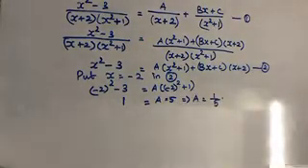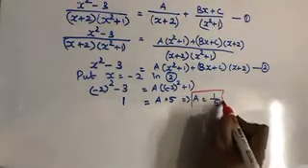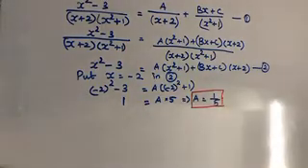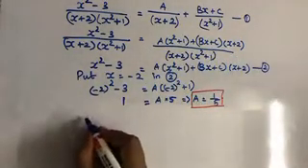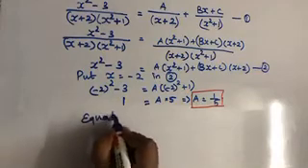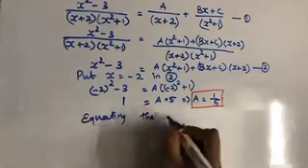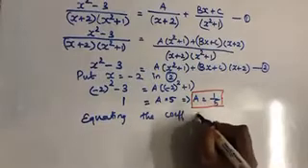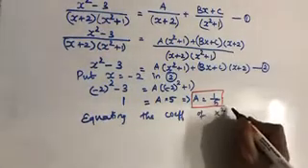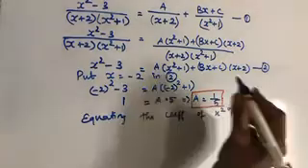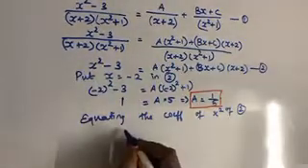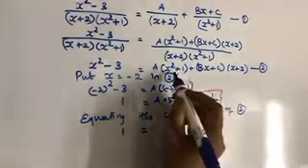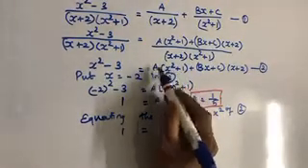Next, we are going to equate the coefficients of x square and x in order to find the other constants b and c. Equating the coefficients of x square of equation 2, on the left, the coefficient of x square is 1. On the right, the coefficient of x square is a.